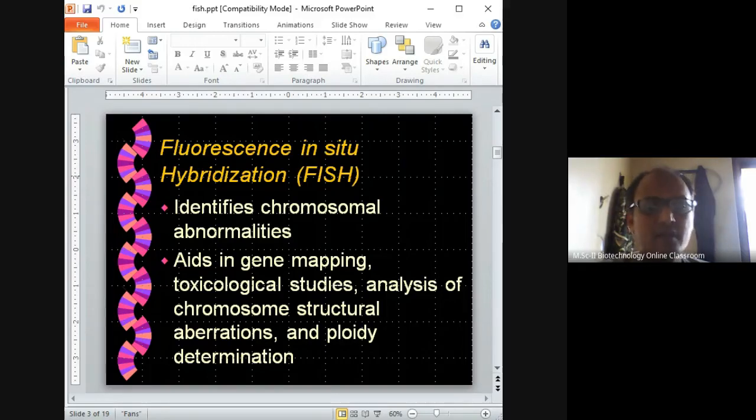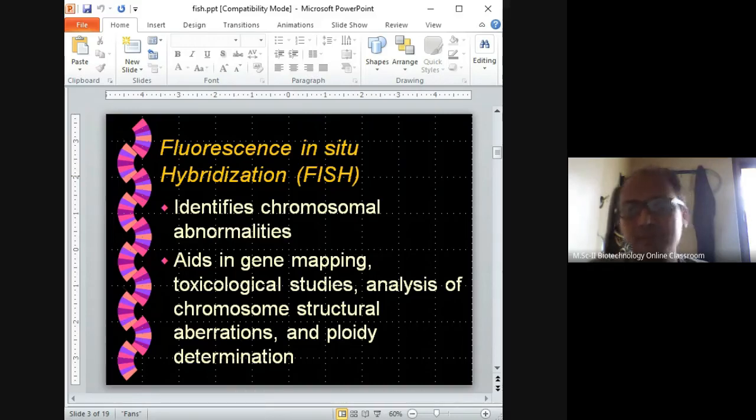Next, it can be helpful in the analysis of chromosomal aberrations. We have already discussed abnormalities and aberrations. This can also help in determination of ploidy level. What is ploidy? Ploidy is the number of sets.